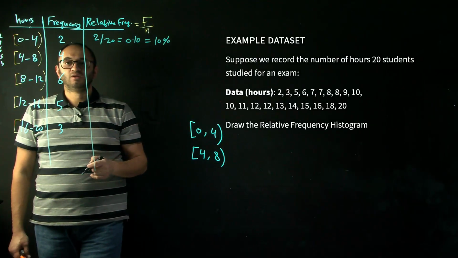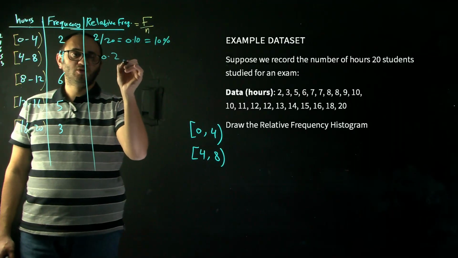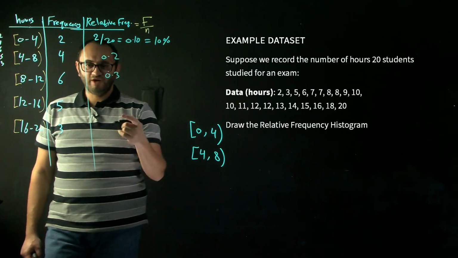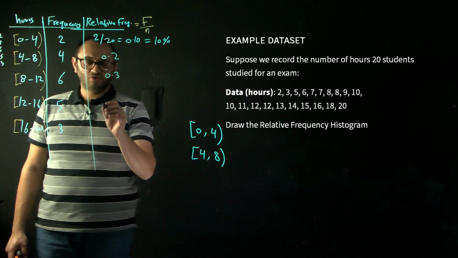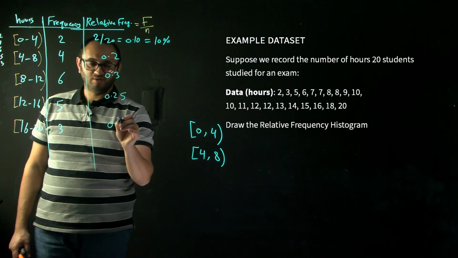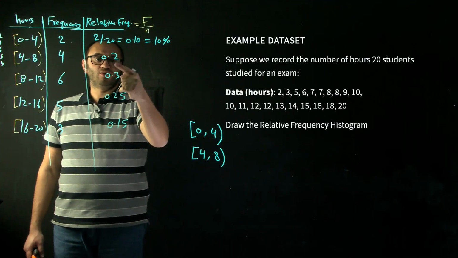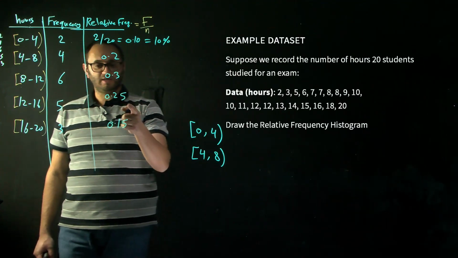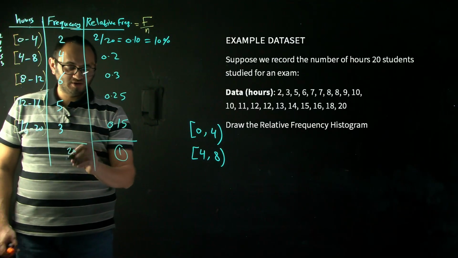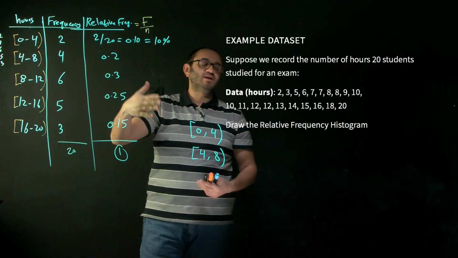Both are fine. 4 divided by 20 is 20%, or 0.2. 6 divided by 20 is 30%, 0.3. 5 divided by 20 is 1/4, or 25%. 3 divided by 20 is 0.15. To make sure that everything is good, if you add 0.1, 0.2, 0.3, 0.25, 0.15, the answer is 1. So the total here is 1, and the total here is 20. So we are good. This is called a frequency table, and the last one is called a relative frequency table.